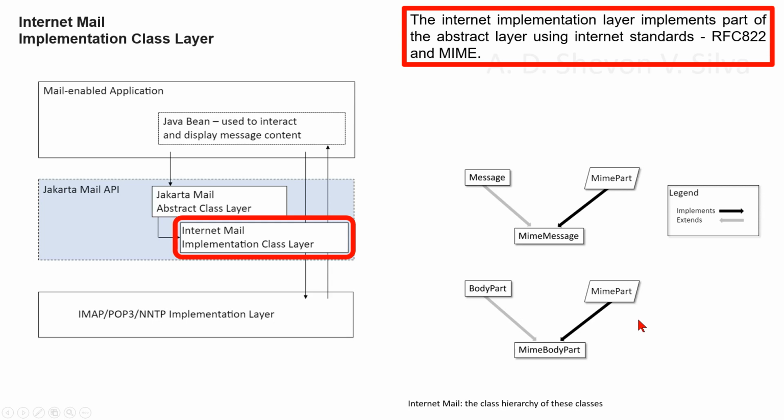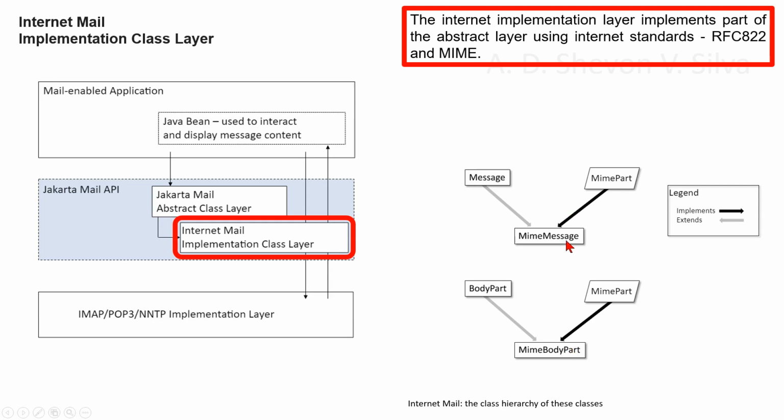Interface MimePart in package jakarta.mail.internet in module jakarta.mail models an entity as defined by MIME RFC 2045 section 2.4. Class MimeBodyPart in package jakarta.mail.internet in module jakarta.mail represents a MIME body part. It implements the BodyPart abstract class and the MimePart interface. MIME parts are contained in MIME multipart objects.